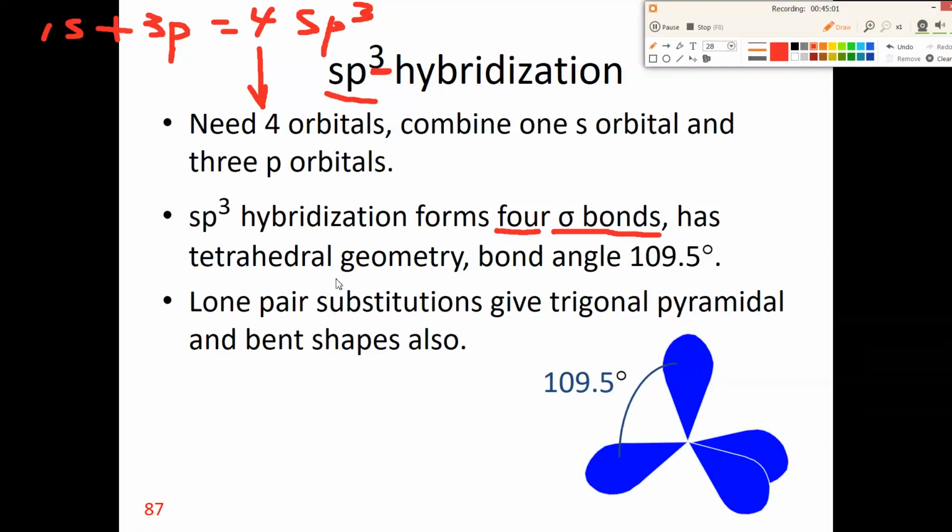So for 4 sigma bonds it's a tetrahedral structure, the geometry we talked about previously. There are 4 bonds, and each bond angle is 109.5 degrees.